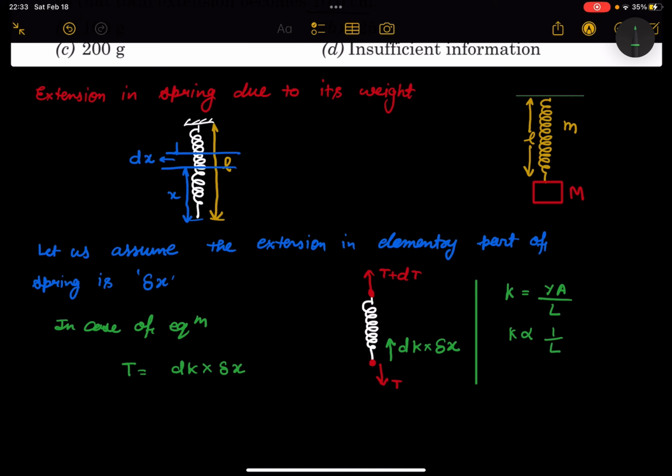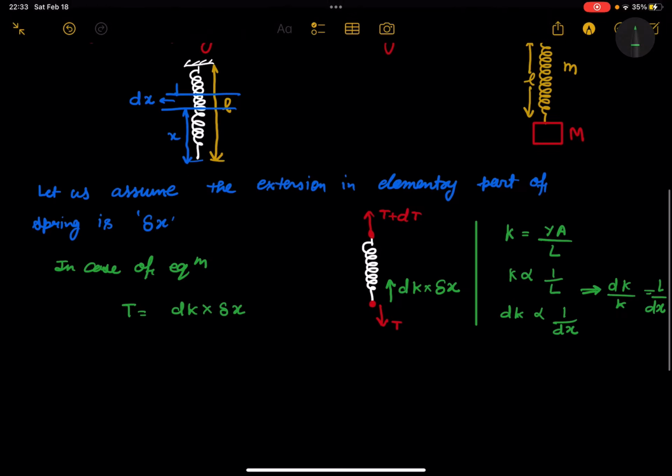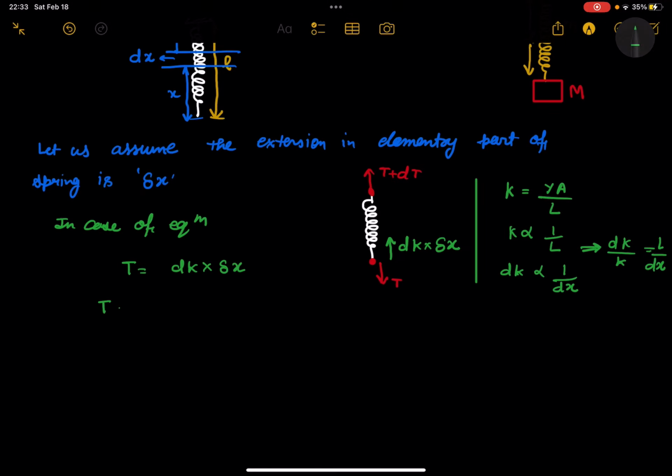If I am talking about dk, then dk is also proportional to 1 upon dx, so I can write the value of dk in terms of k. dk by k is equal to L by dx. So remember, the value of dk is k L over dx into delta x.